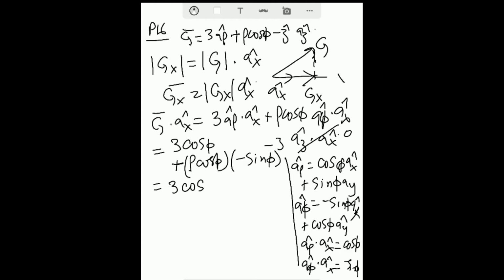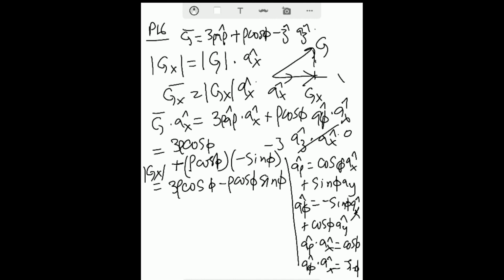Sorry, there is a mistake here, it is 3 rho, so it will be 3 rho cosine phi minus rho cosine phi sine phi. So this is my g_x magnitude.